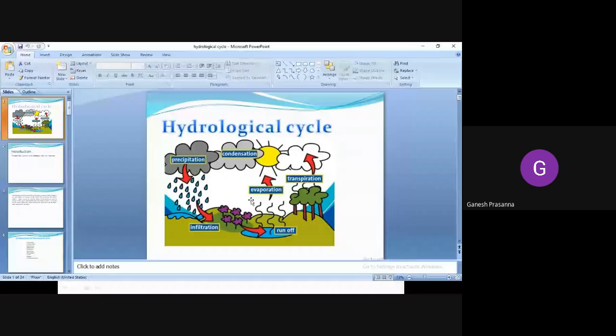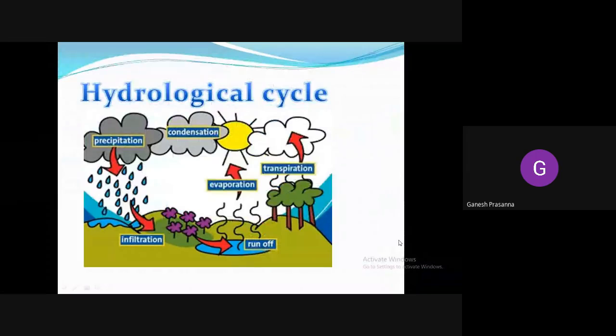It goes through different processes. Water from ponds, reservoirs, or open wells gets evaporated. It gets converted from liquid state into gaseous state due to sunlight, then condenses together to form a cloud, and then comes back to the earth in the form of rain.